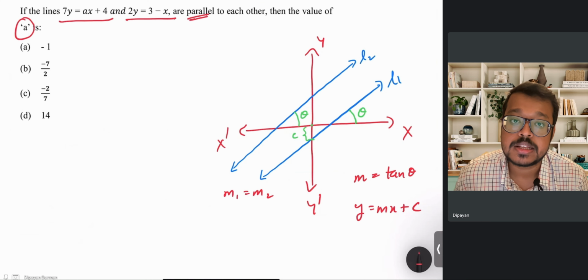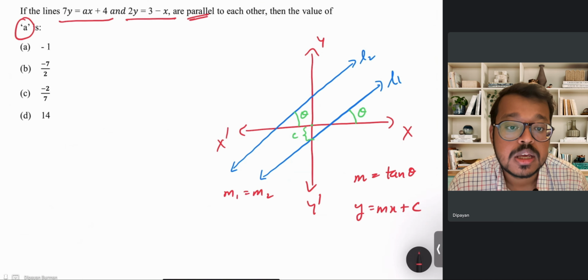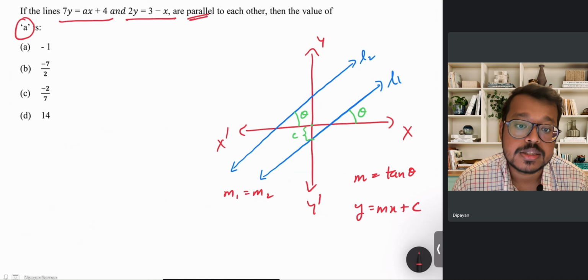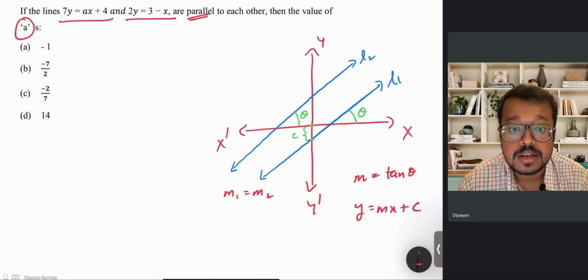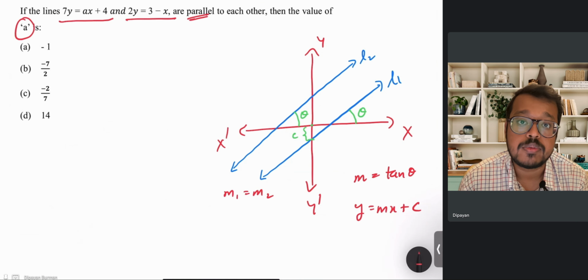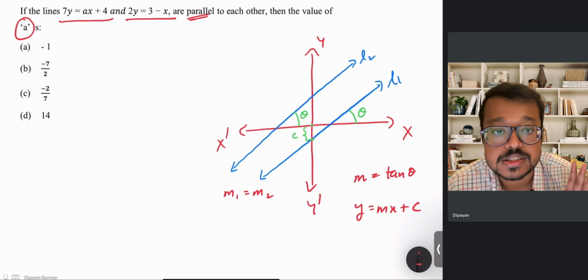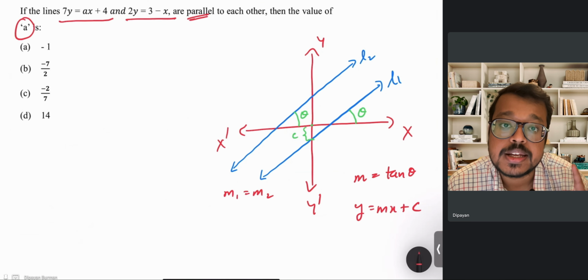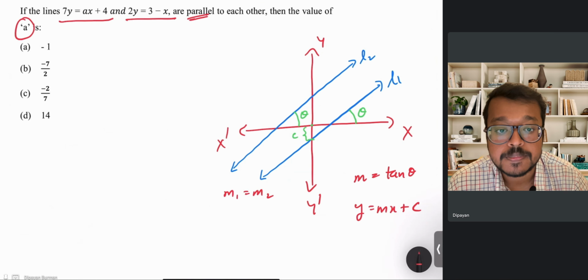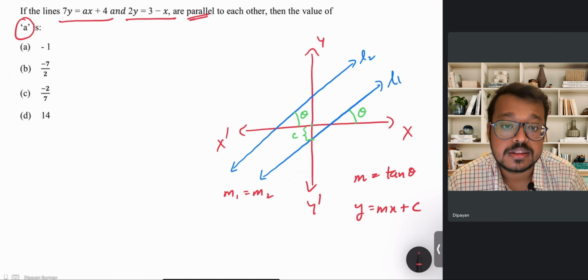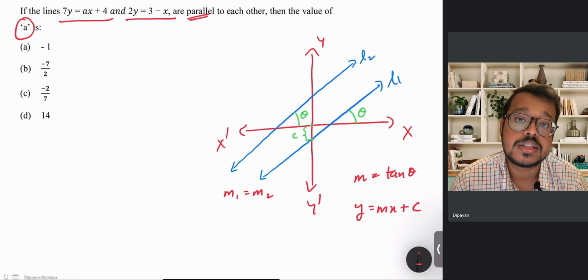So let's understand the concept behind parallel lines. Any line, suppose here you can see in the figure, this line L1 is making some angle with the positive direction of the x-axis, and let's say that the angle is theta, and that is also known as the inclination. If I look at tan theta, that gives us the value of the slope for the line L1.